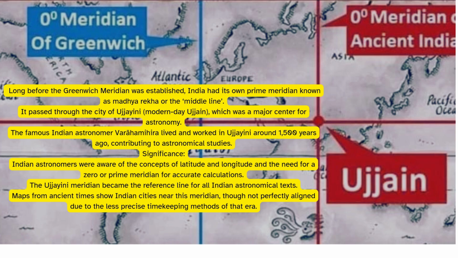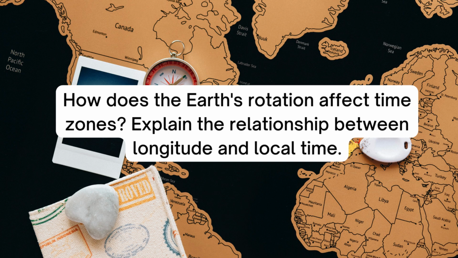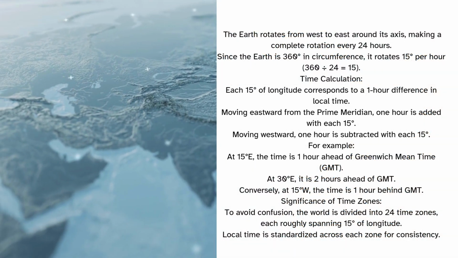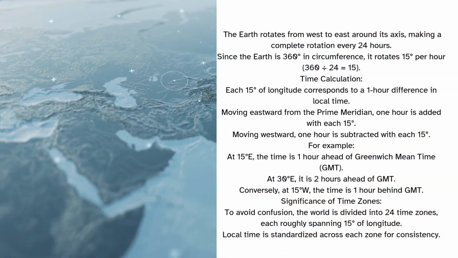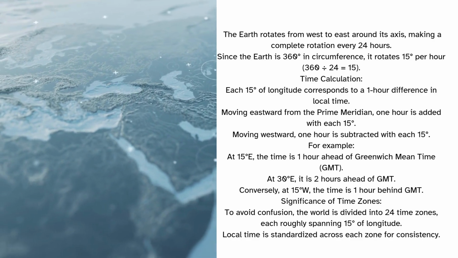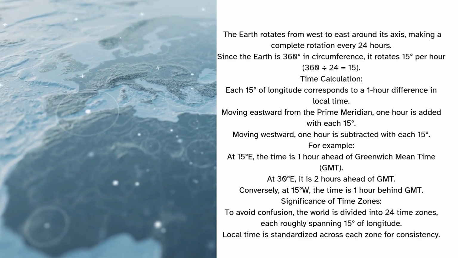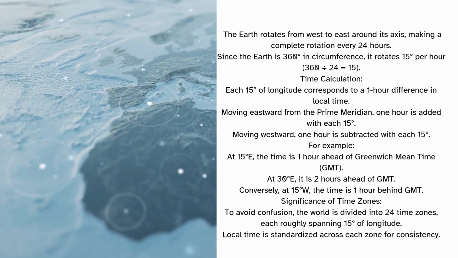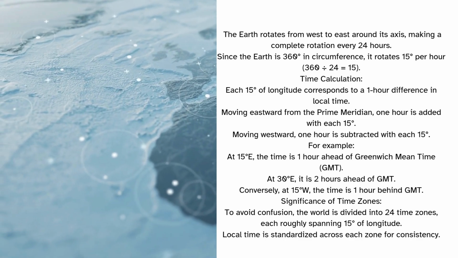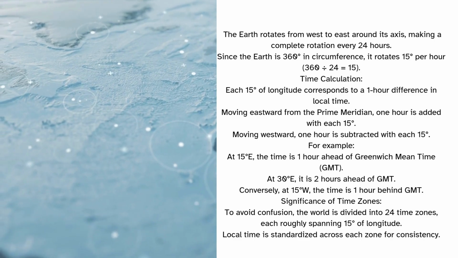Now, do you think that the Earth's rotation affects time zones? And what is the relation between longitude and local time? See, the Earth rotates from west to east around its axis, making a complete rotation every 24 hours. Since the Earth is 360 degree in circumference, it rotates 15 degree per hour.